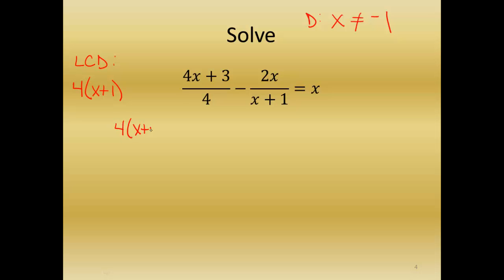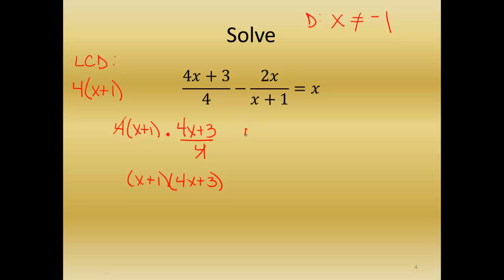If I take 4 times x plus 1 times 4x plus 3 over 4, the 4's cross off, and I'm left with x plus 1 times 4x plus 3.